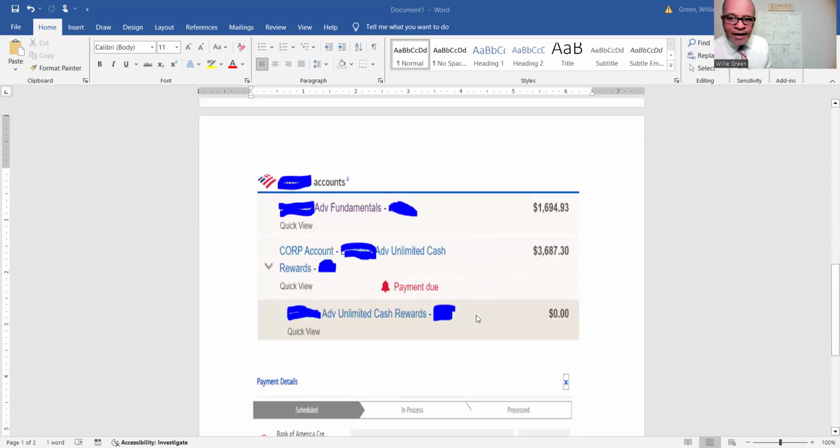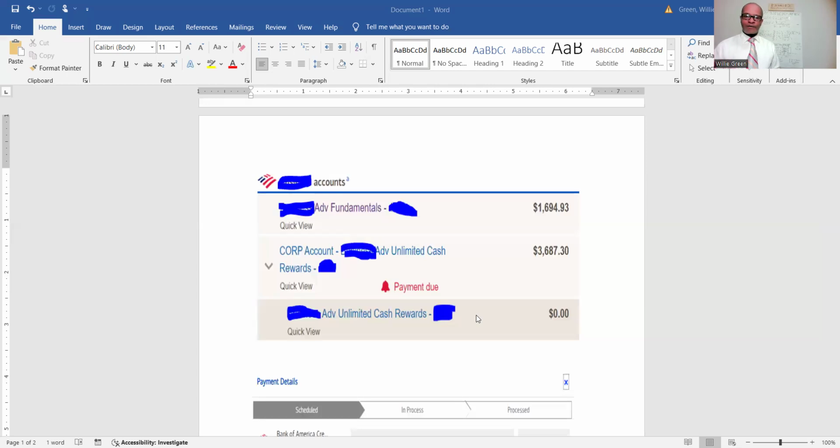Here you can see the balance that I'm looking at bringing down on the credit card, and it's $3,687.30. I'm putting my entire paycheck, not holding anything back, of $1,694.93.